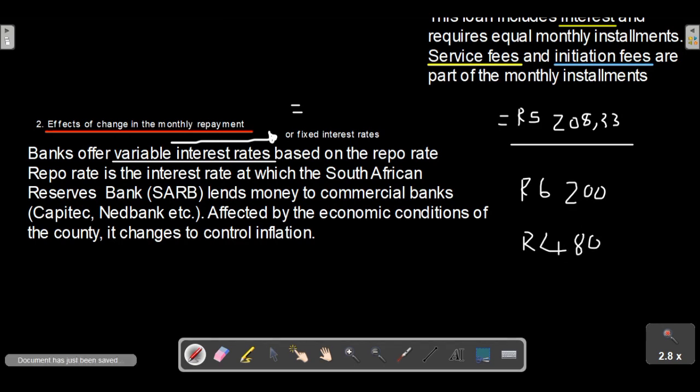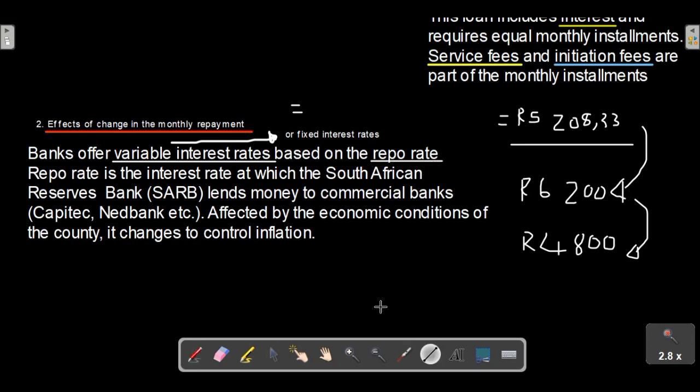So as you can see, the amount that you're paying each and every month changes. And the reason why is that the interest rate changes, because you are being offered a variable interest rate. That means it is an interest rate that keeps on changing each and every month, depending on the repo rate. We'll discuss the repo rate in a second.